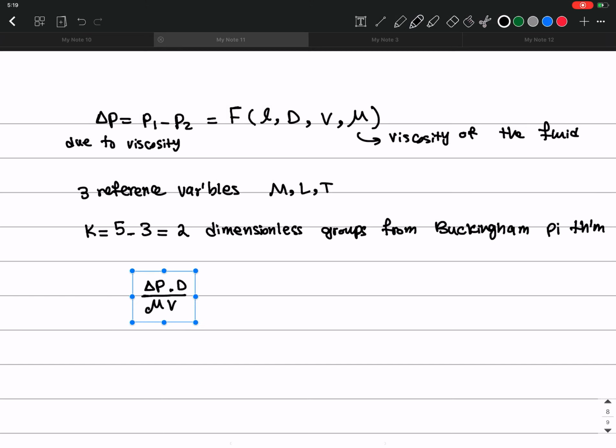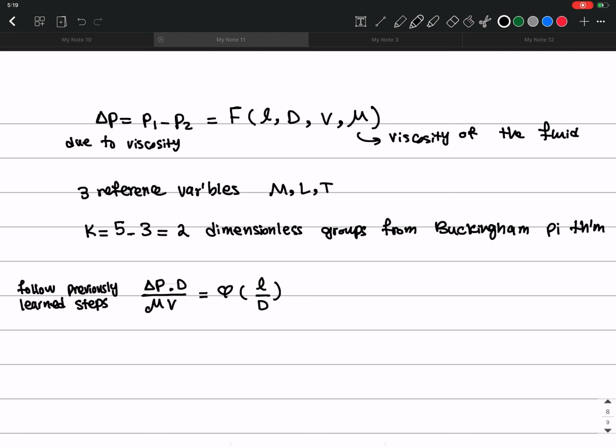So let me write it here. Follow previous steps, previously learned steps. This is going to be a function phi of the second variable, which is L over D.